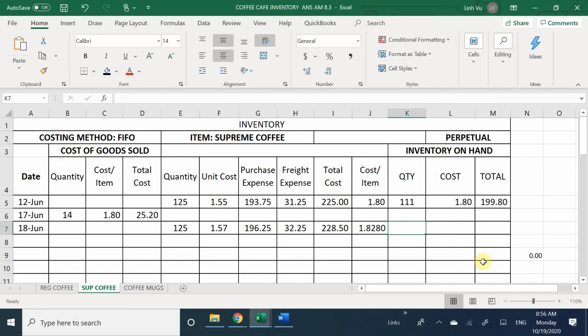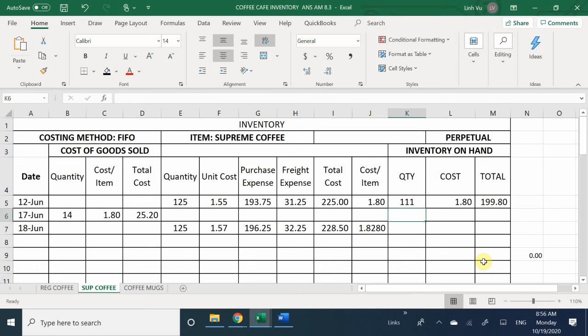So then what do we do here? Again, the same information, the 125. Oh wait, inventory would be 125 plus 111. Why are you adding them together? What costing method are we using? Oh, no. This is first in, first out.